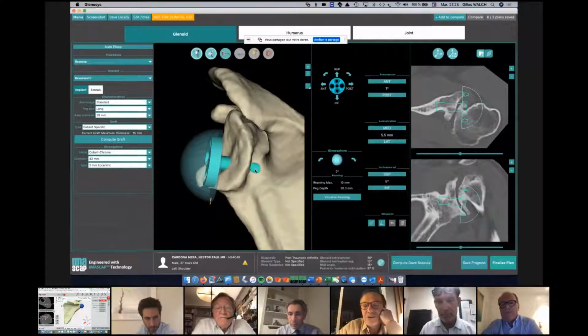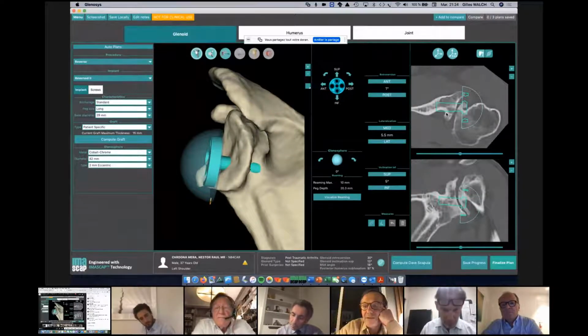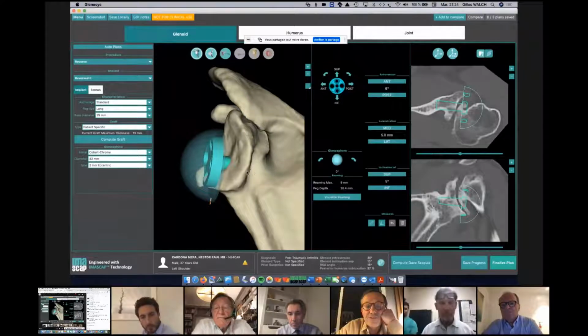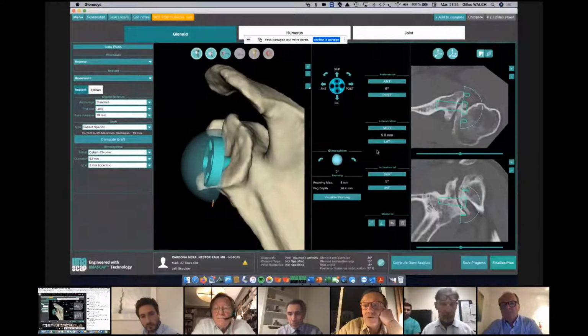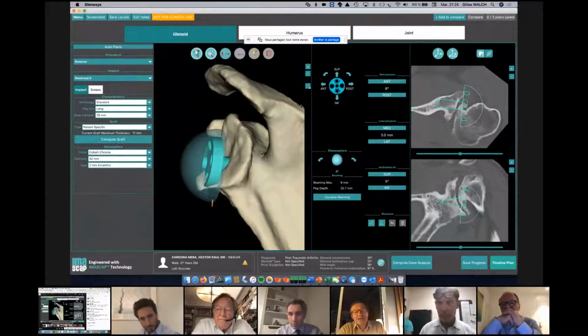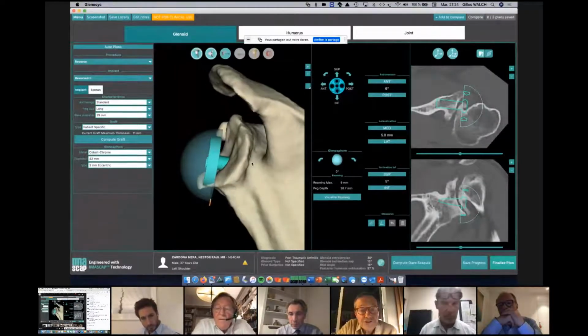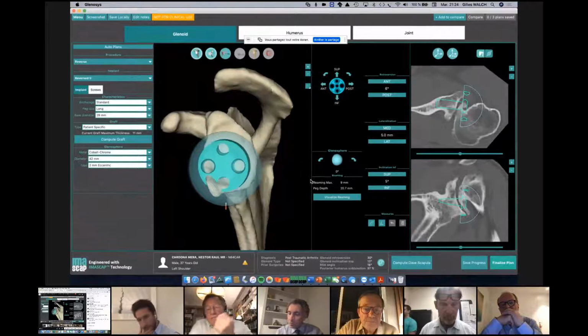And I don't like to have perforation because I am afraid of a fracture of this small part of the posterior glenoid. So what I do in this case, I just put a little bit of retroversion to avoid this posterior perforation. You can also move a little bit anterior your base plate to avoid this. But as far as I do not see a posterior perforation here, that's okay with me.